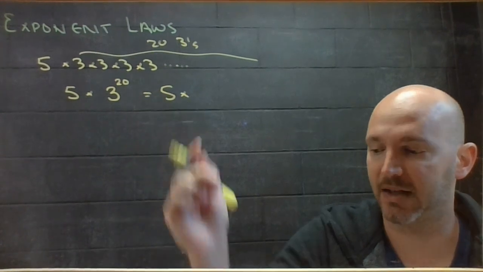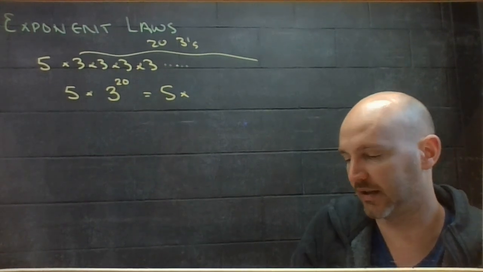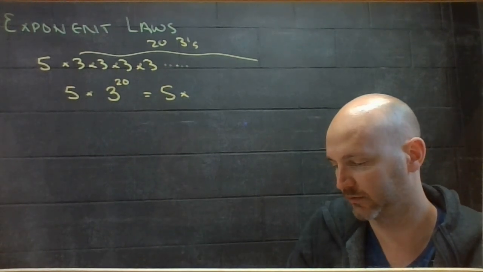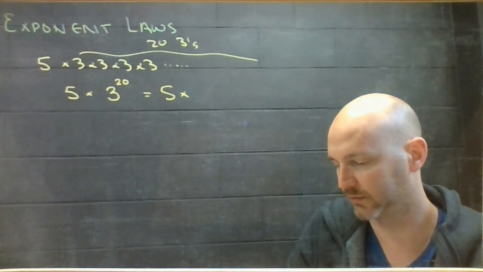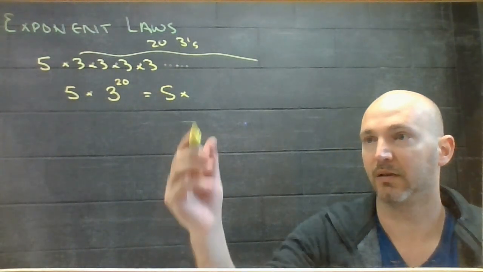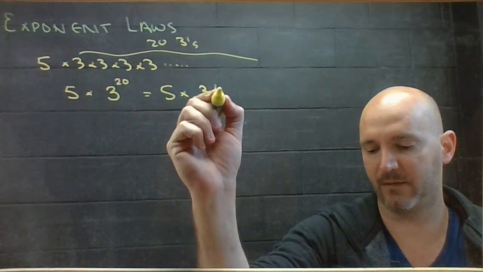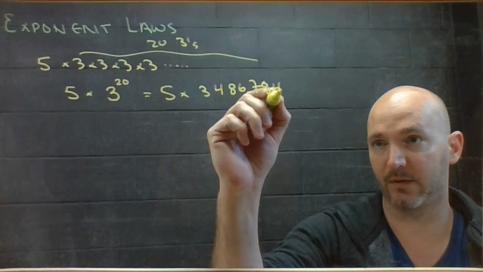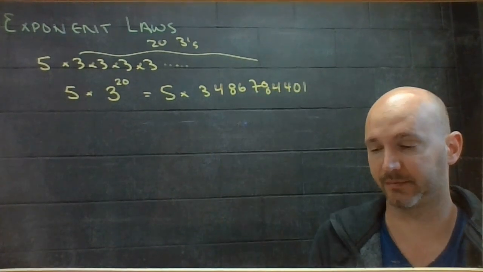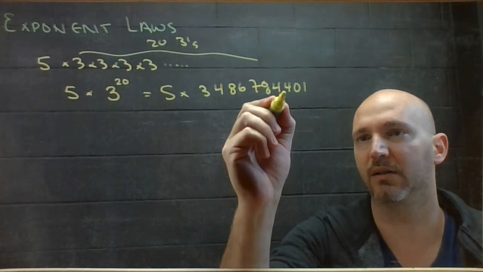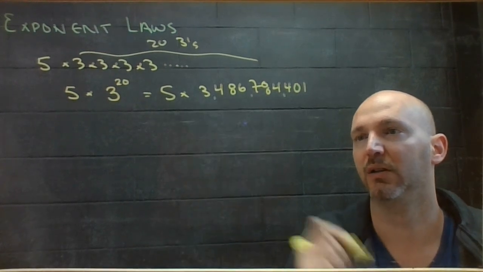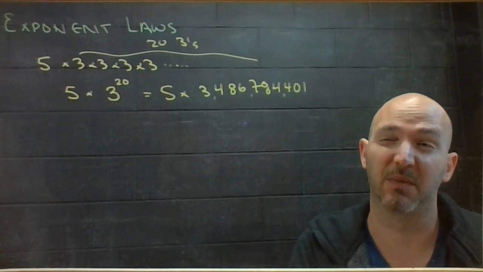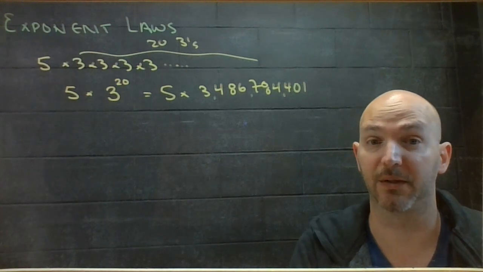So if I grab my calculator here and do 3 to the exponent 20, I get 3,486,784,401.